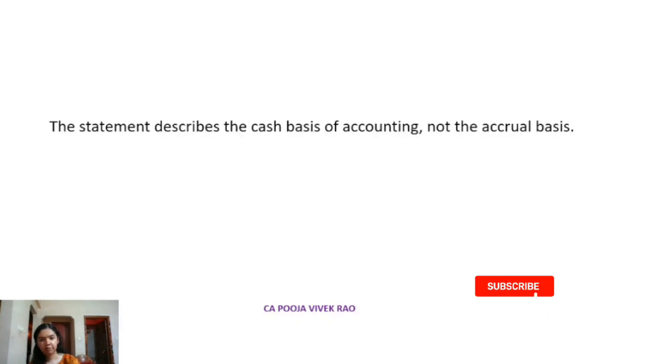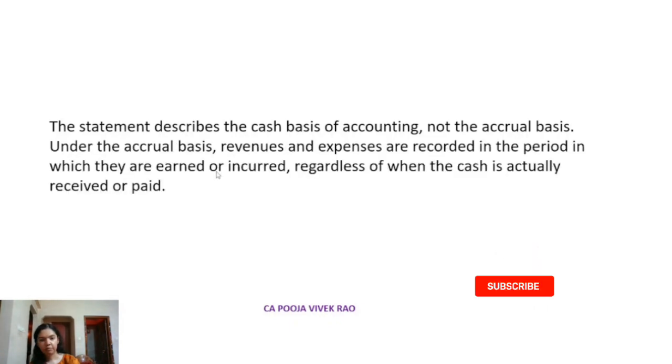Under accrual basis, revenue and expenses are recorded in the period in which they are earned or incurred, regardless of whether the cash is actually received or paid. Whereas in cash basis of accounting, revenue and expenses are recorded when the cash is actually received or paid. Hence, the statement mentioned in the question is false.